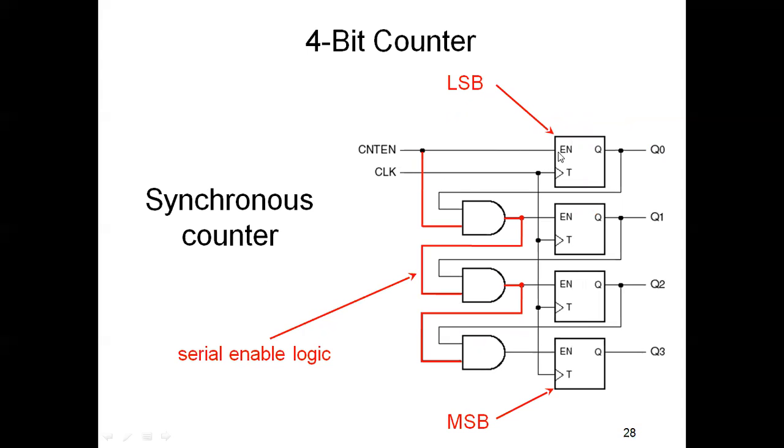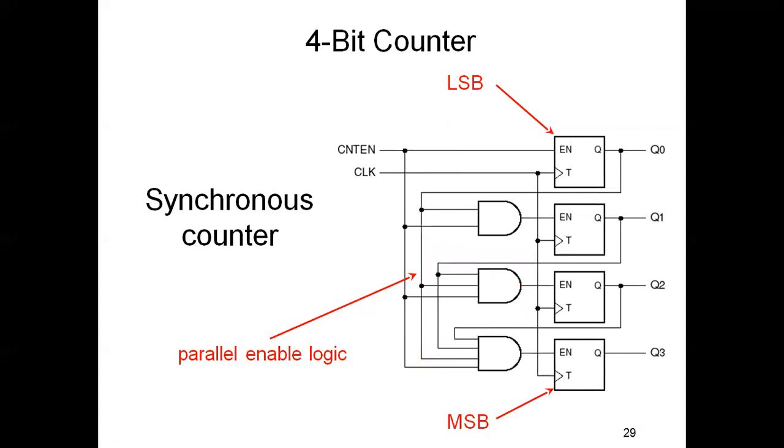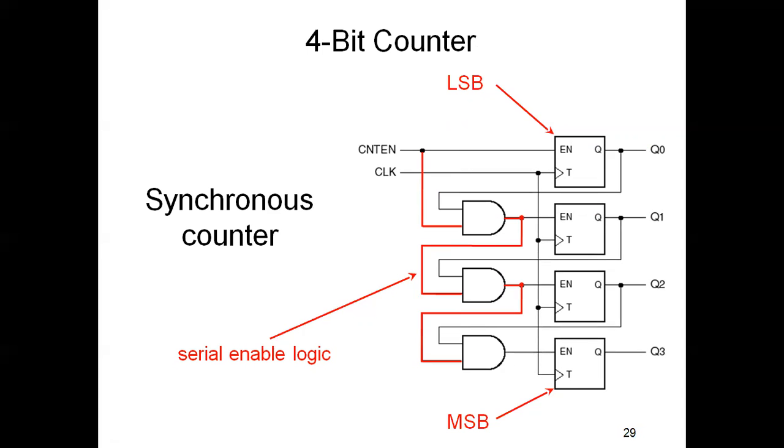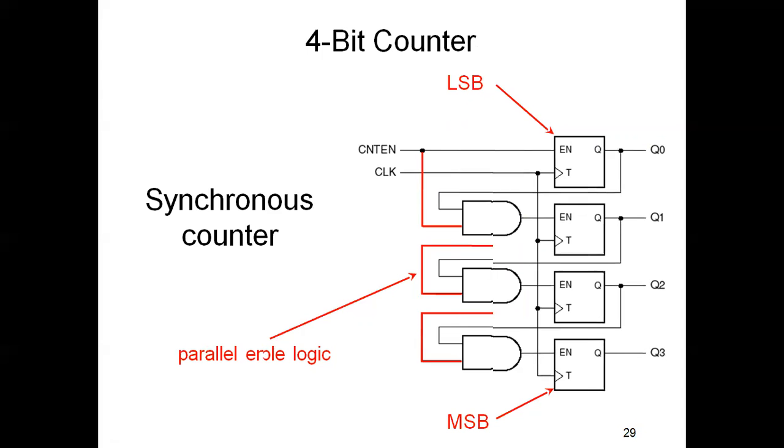The enable input, the first one is called LSB and this one is called MSB. The output of Q0 is the input of an AND gate along with the count enable input. In the same way, the output of Q1 is given as input to the next gate for the ANDing operation. It is a simple block diagram, called serial enable logic.